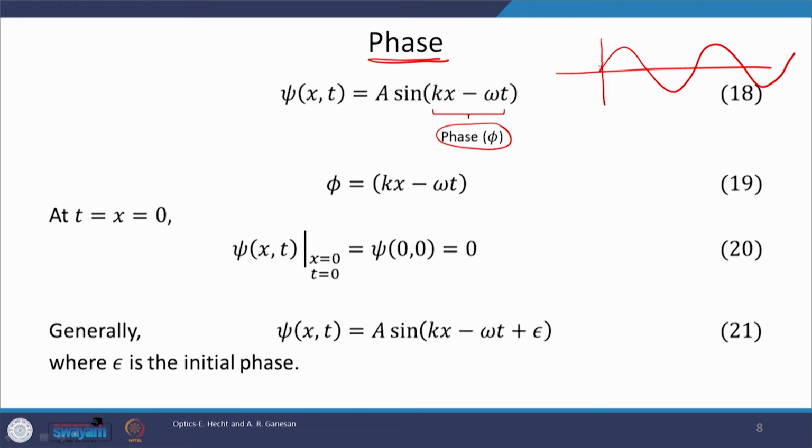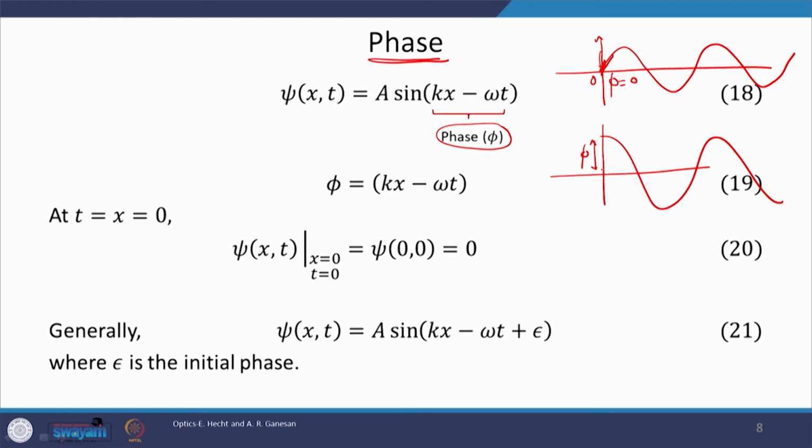We see that the sine function starts exactly from 0 on the horizontal axis, and therefore we can say that the phase here is 0. But sometimes a wave may start not from 0, but from a certain value which is not equal to 0, and this decides the phase. What is the value at the beginning?